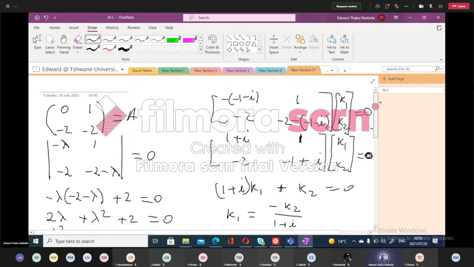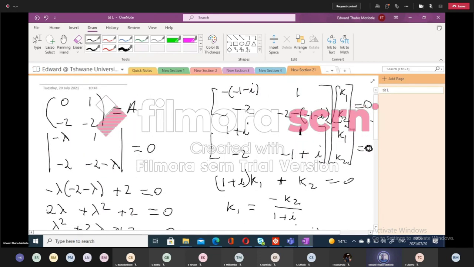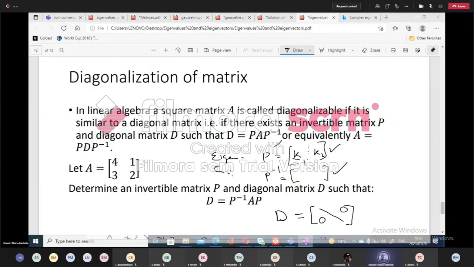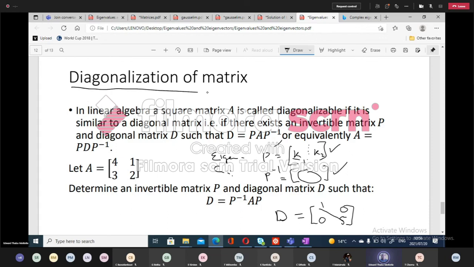There's somewhere where we determined the eigenvalues to be 1 and 5. Yeah, I remember. So D will be equals to 1, 5, and this will be 0 and 0. And then we'll have an identity matrix here. This will be K1 and K2. So that process is called diagonalization of a matrix.